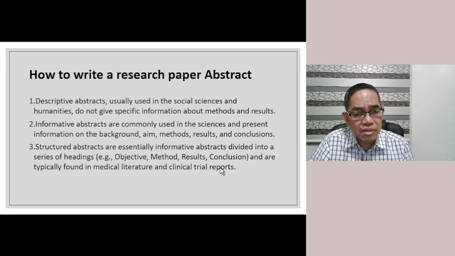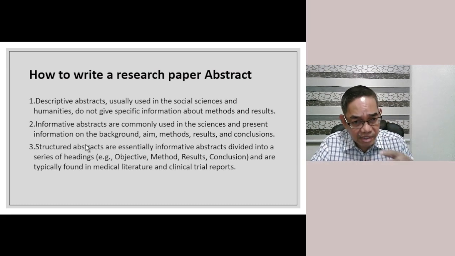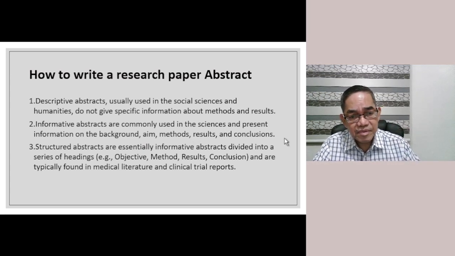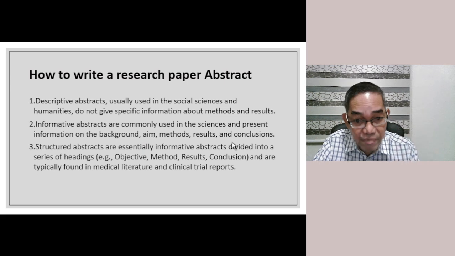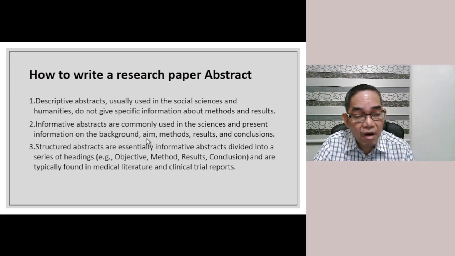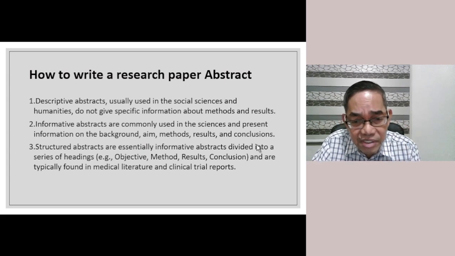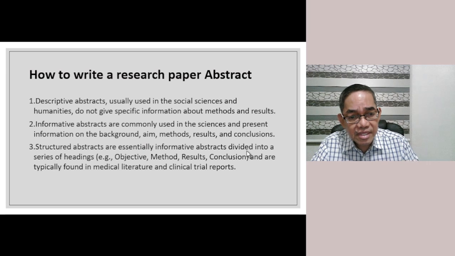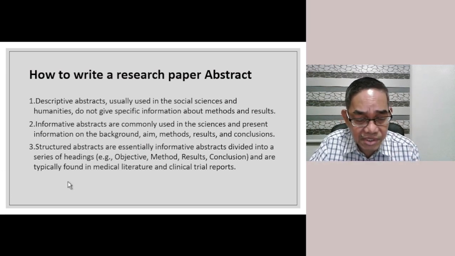Informative abstracts are commonly used in sciences and present information on the background, the aim, the methods, the results, and the conclusion. Now, structured abstracts are essentially informative because they talk of the background, the aim, the methods, the results, and the discussion, except that they are divided into a series of headings.